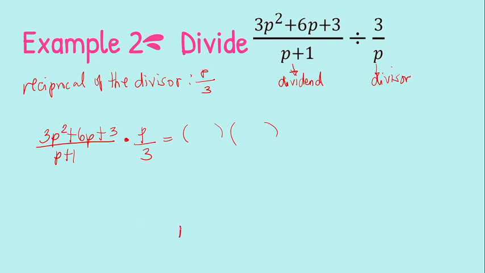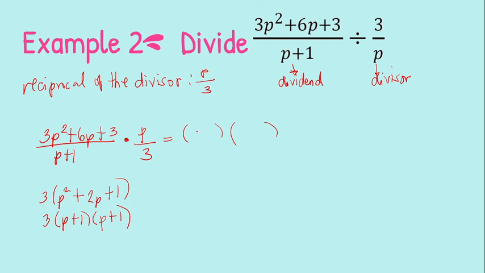Okay, get first the GCMF. The GCMF here is 3. So p squared plus 6p plus 3 divided by 3 is p squared plus 2p plus 1. Now we factor this. We have p plus 1 and then p plus 1. 1 times 1 is 1, 1 plus 1 is 2.